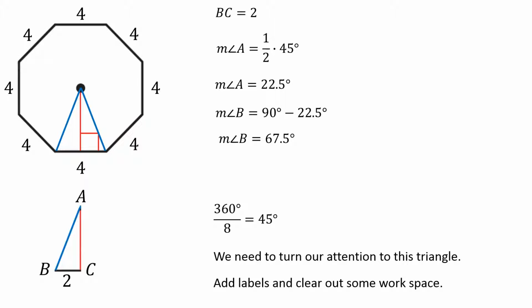And then, if angle A is 22.5 degrees, I know angles A and B have to add up to 90 degrees. I can figure out the measurement of angle B. Now, I know the entire side was 4, but when I'm looking at just half of that isosceles triangle, notice the base is just 2.